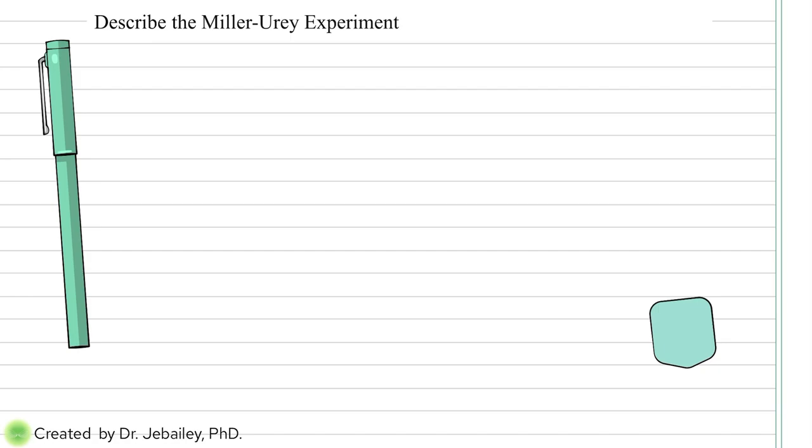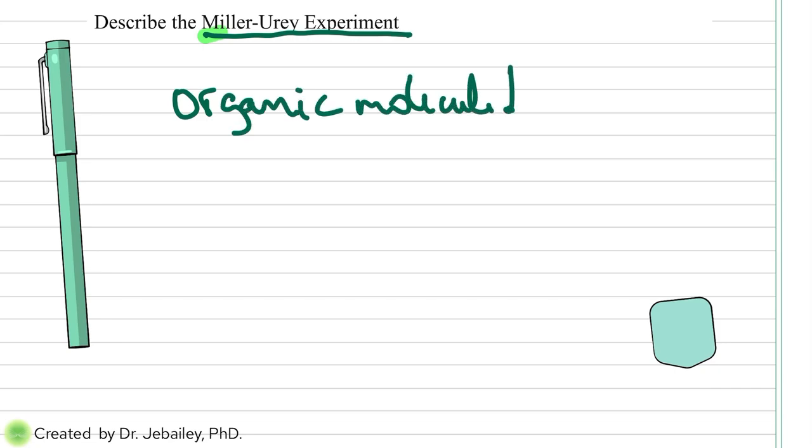If you remember the description of the experiment by Miller and Urey, what they were doing is proving that, well, back then they used to think that organic molecules can only be produced by a living force.